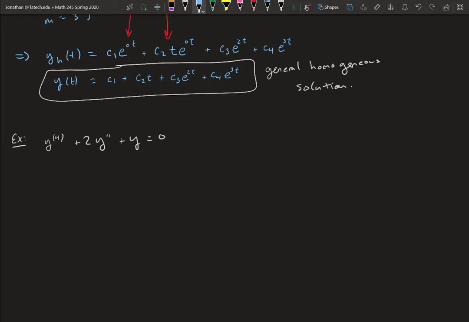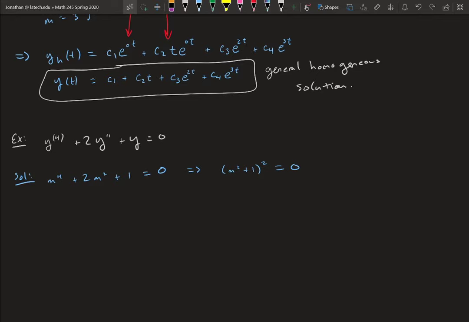So what do we always do? Go straight to our characteristic equation: m to the 4 plus 2m squared plus 1 equals 0. So this is going to be (m squared plus 1) quantity squared equals 0.